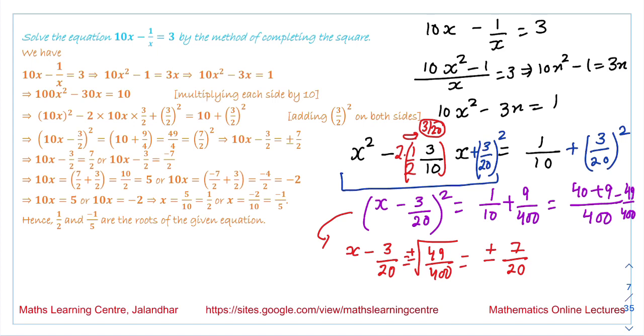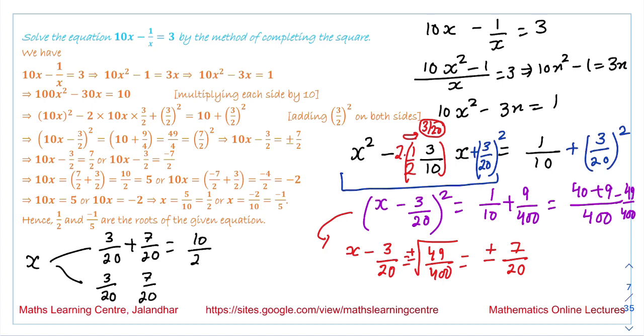So the values of x we will get are 3 by 20 plus 7 by 20 and 3 by 20 minus 7 by 20.